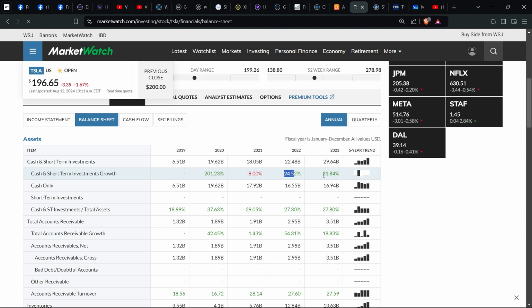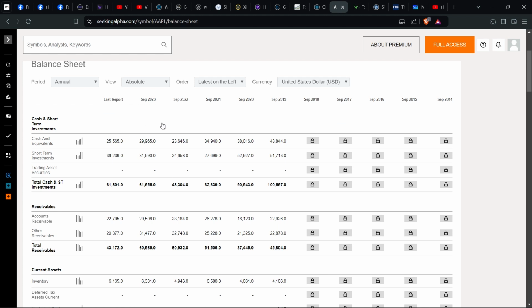You can see the growth percentages here. They are quite significant. And back to Seeking Alpha, if you change the number here to YOY growth, now you're going to see how the numbers have changed in the past, coming from the latest going backwards. This is basic accounting knowledge: when the number is in brackets, it means it's a negative.